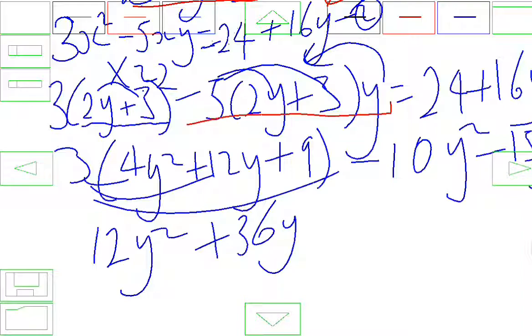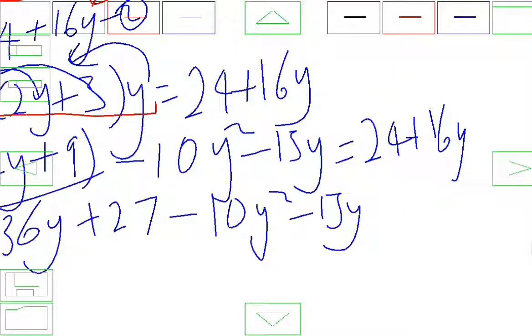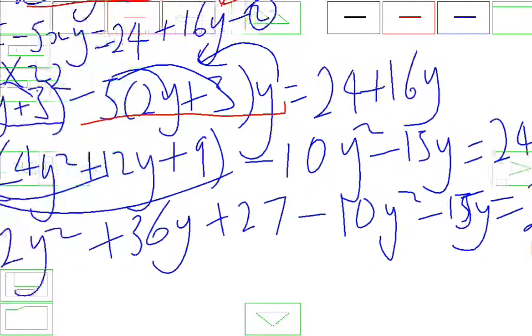This will be 3 multiplied by 9, which is 27, plus 27. Then we can bring down the minus 10y squared minus 15y. Then this will be 24 plus 16y.